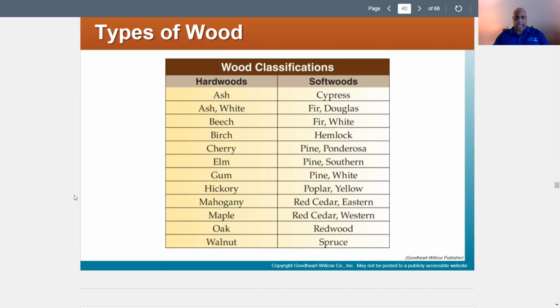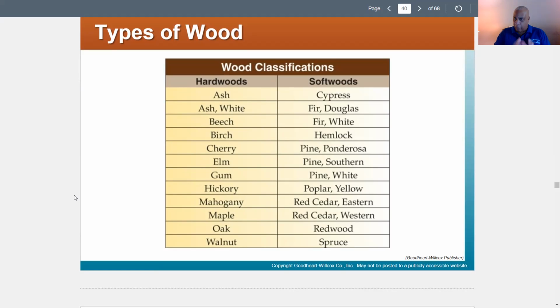Have them right here, your ash, white beech, birch, cherry, elm, gum, hickory, mahogany, maple, oak, walnut. Those are your hardwoods. Your softwoods, cypress, Douglas fir, white fir, hemlock, ponderosa pine, southern pine, white pine, yellow poplar, eastern red cedar, western red cedar, redwood, spruce.